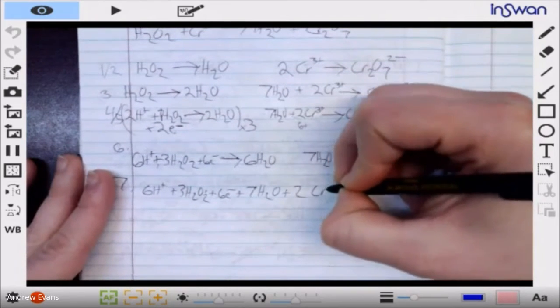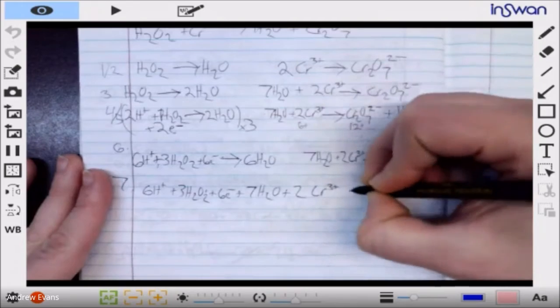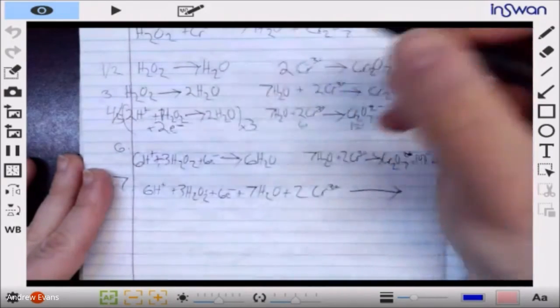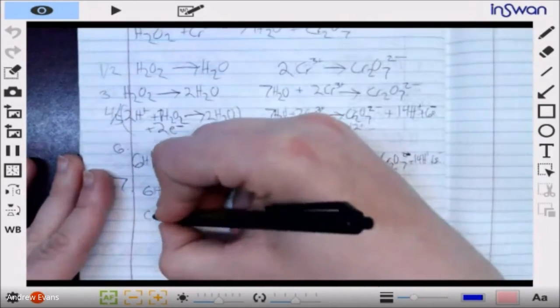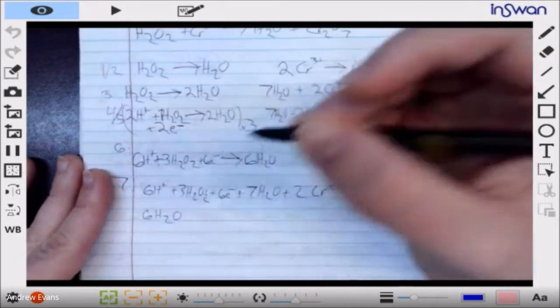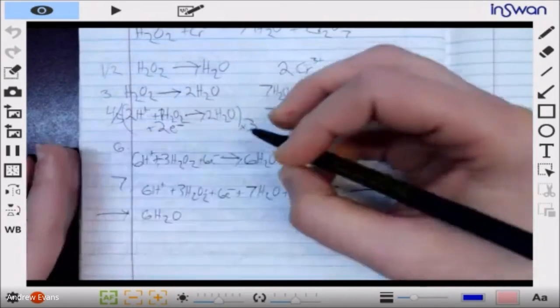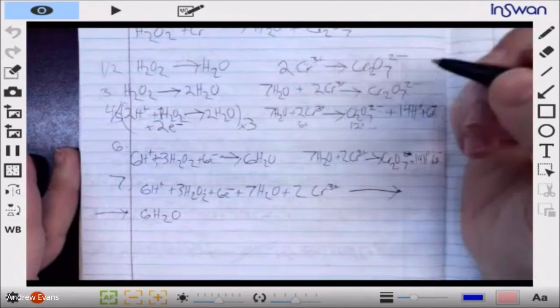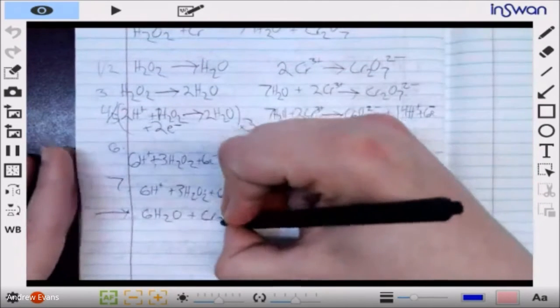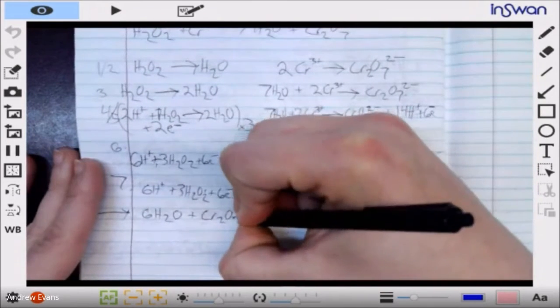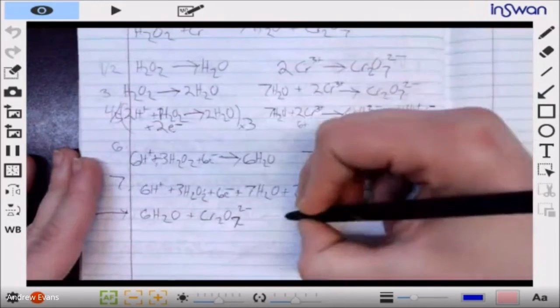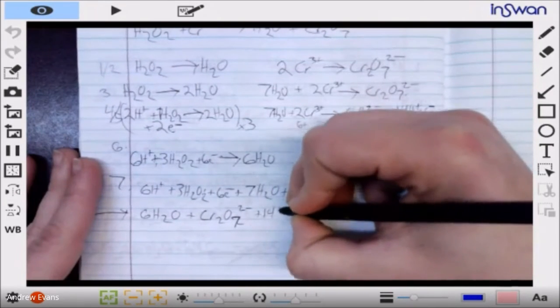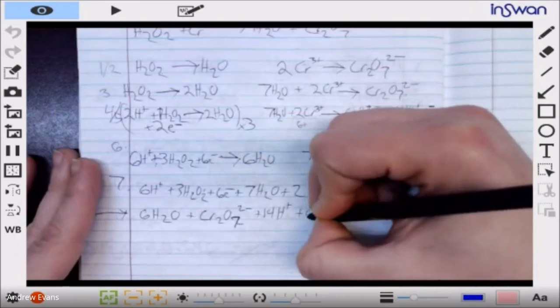All that on the top. On the bottom, 6 waters, dichromate, 14 hydrogens, or 14 protons, 6 electrons.